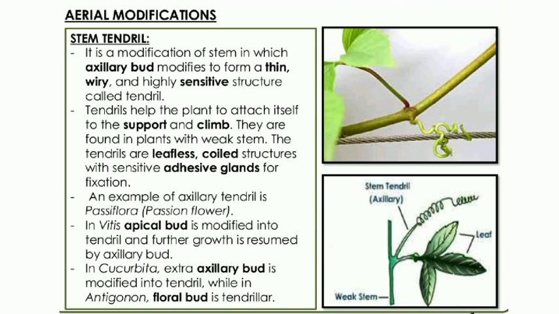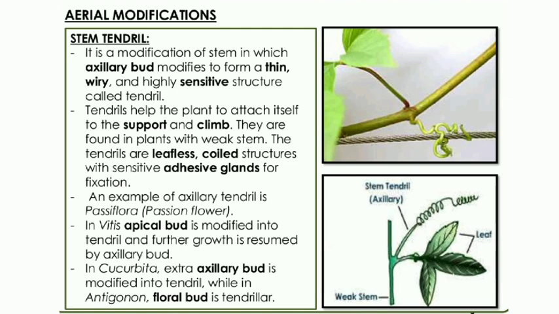We have some examples here. In Passiflora, or passion flower, the tendril is a modification of the axillary bud. In case of Vitis, that is the grape plant, the tendril is a modified apical bud.